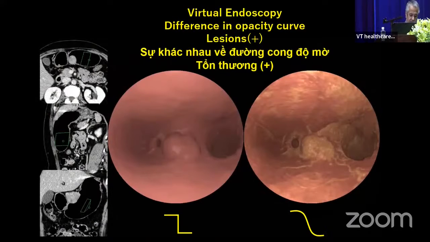It shows the difference in the opacity curve on the virtual endoscopy image with contrast CT. By changing the opacity curve, blood vessels and the tumor region on the mucosal surface can be displayed in detail.